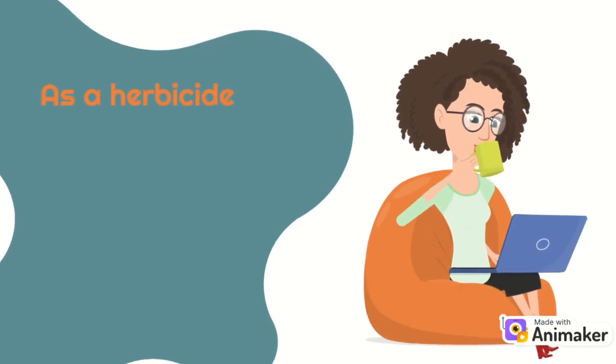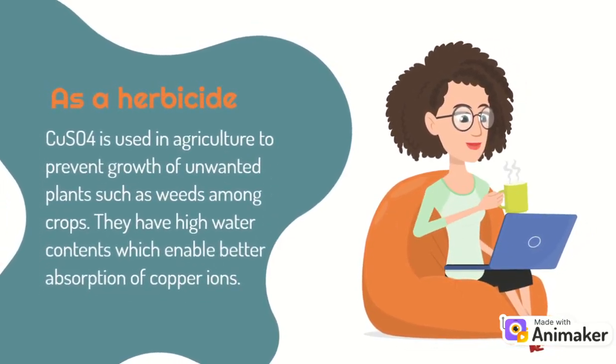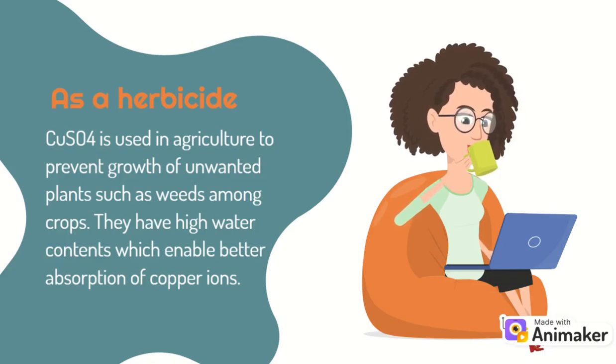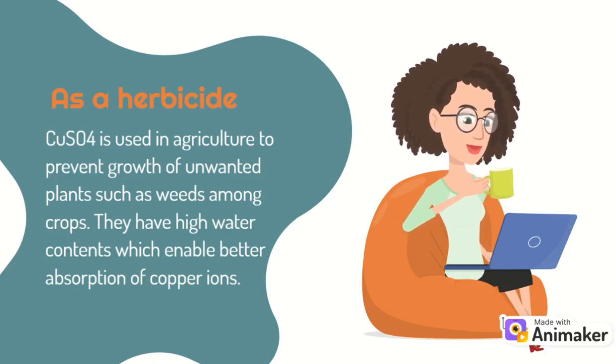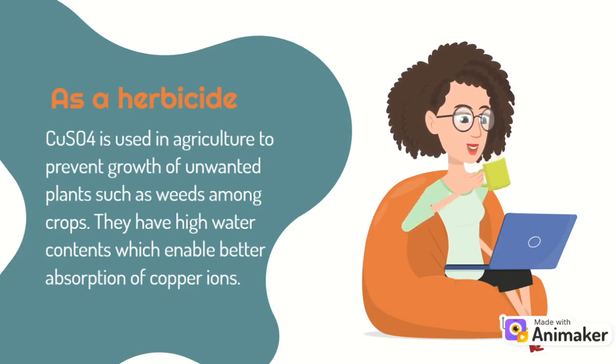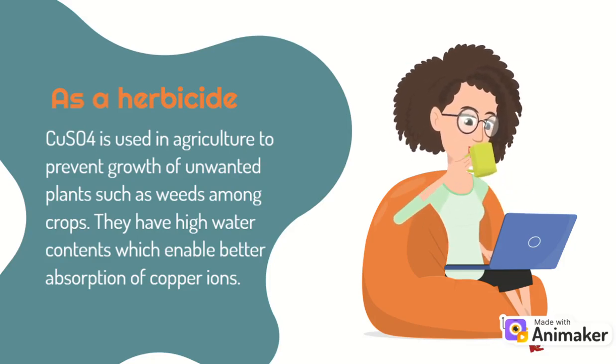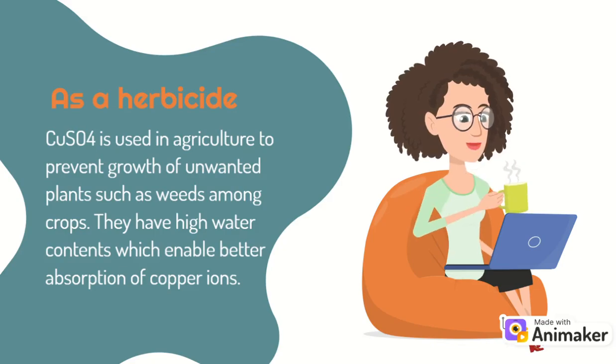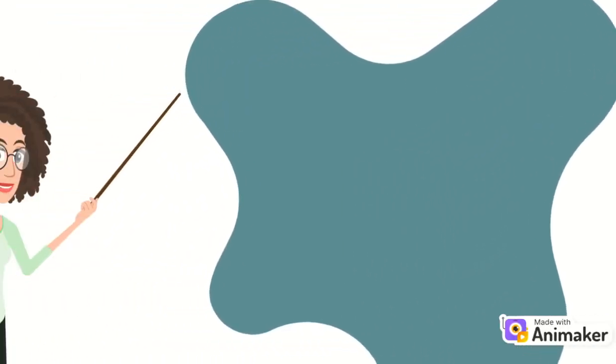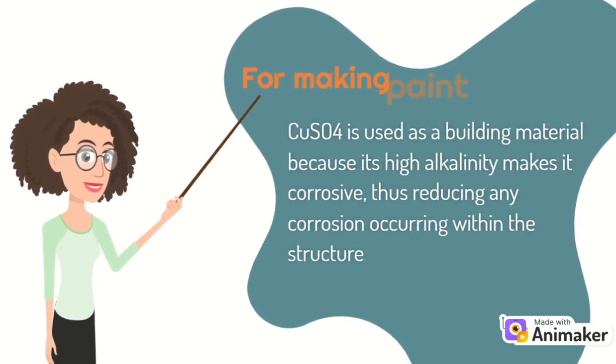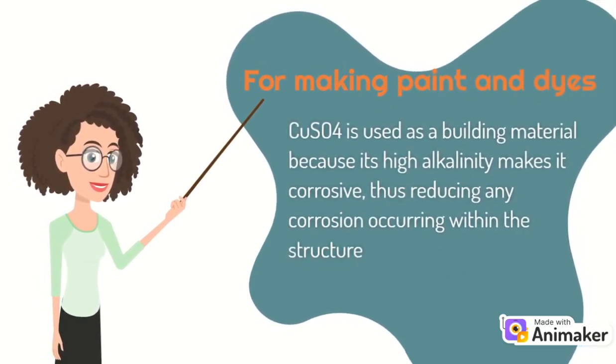Next, as a herbicide, copper-2 sulfate is used in agriculture to prevent growth of unwanted plants such as weeds among crops. They have high water contents which enable better absorption of copper ions. Lastly, for making paint and dyes, copper-2 sulfate is used as a building material because its high alkalinity makes it corrosive, thus reducing any corrosion occurring within the structure.